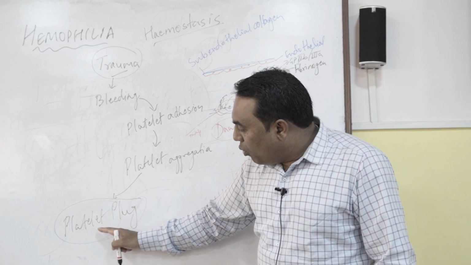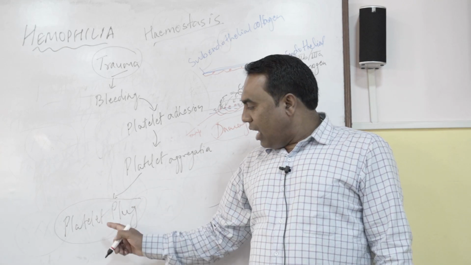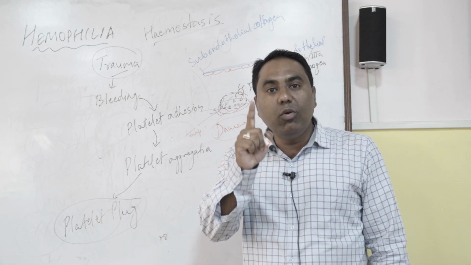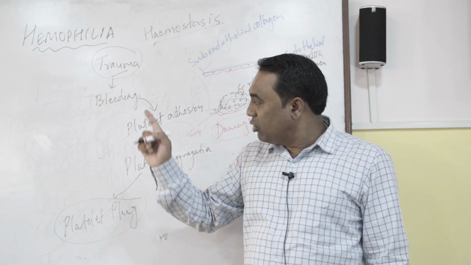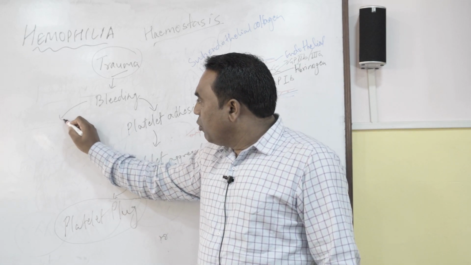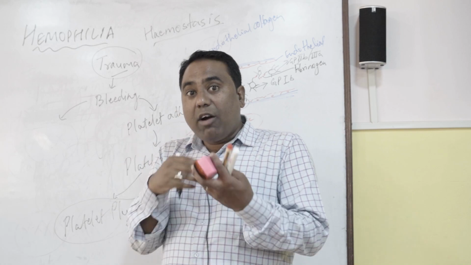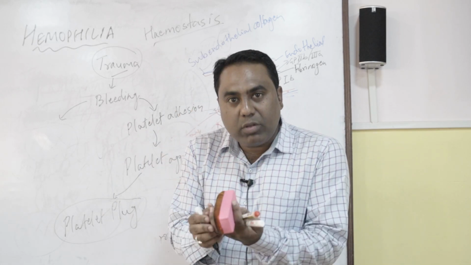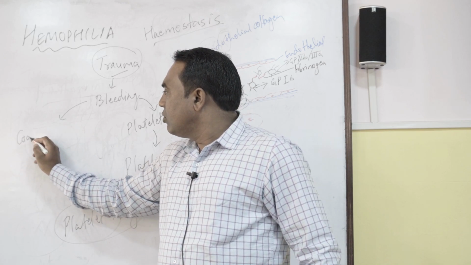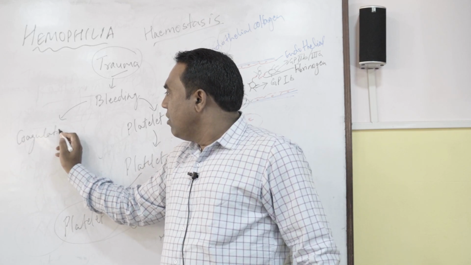Now, who is going to make this unstable platelet plug stable? It is the clotting factor. It is the clotting factor which is also present in our blood. Now, all these clotting factors will come into picture, and they are going to go through the processes of clotting, right, which is known as coagulation, which is known as coagulation cascade.